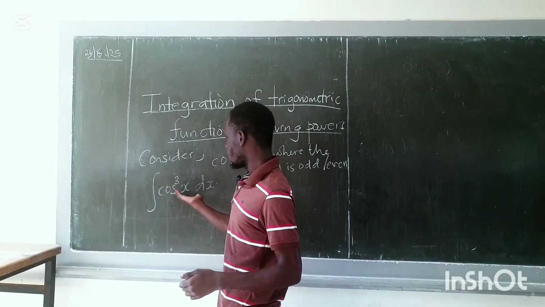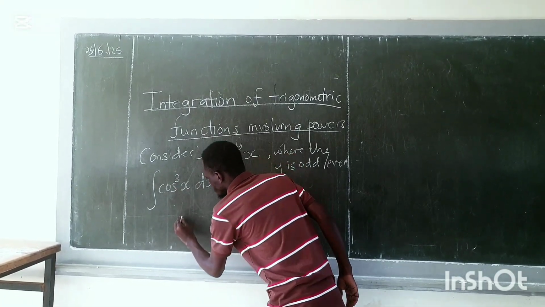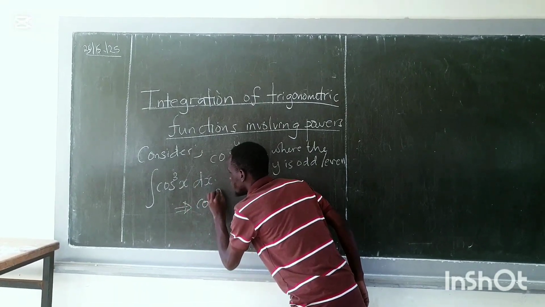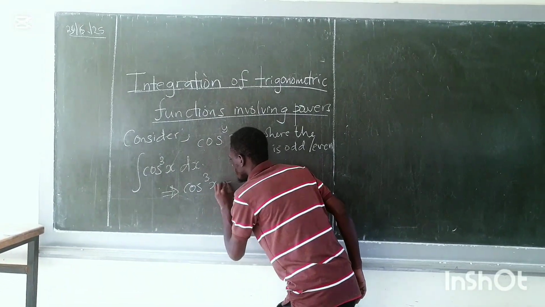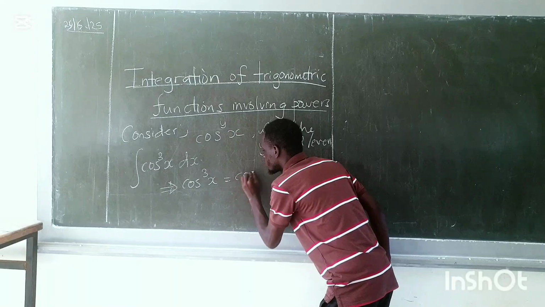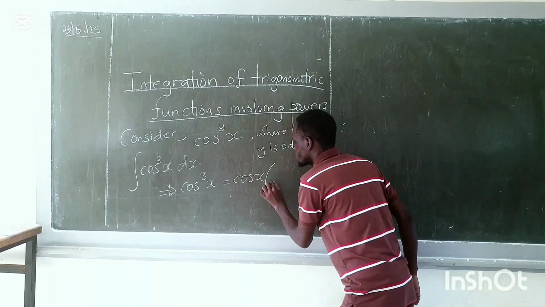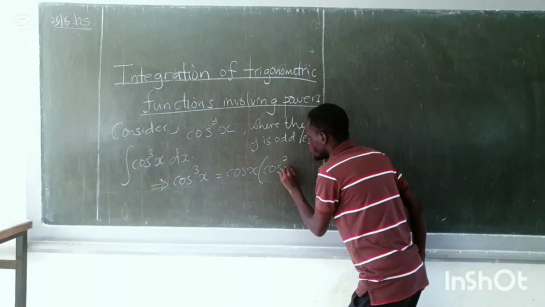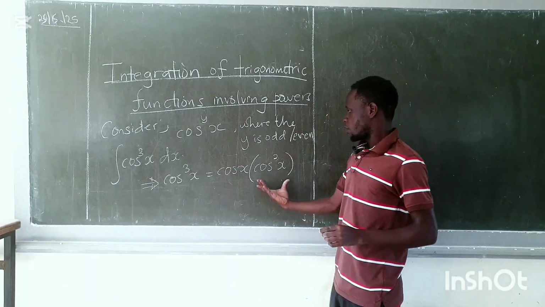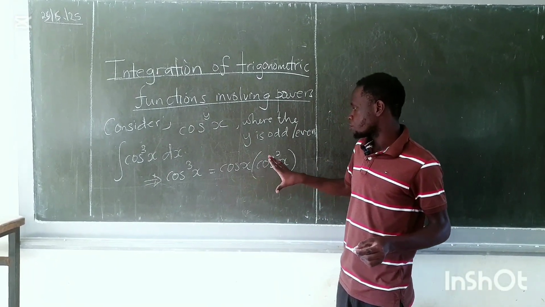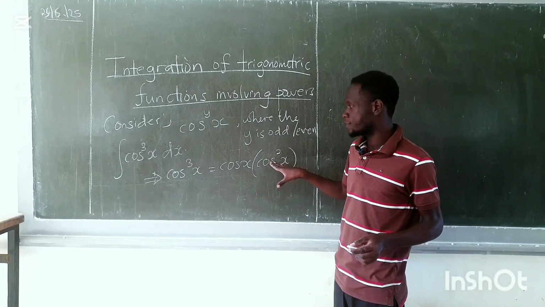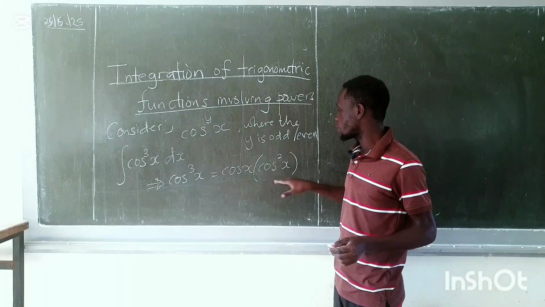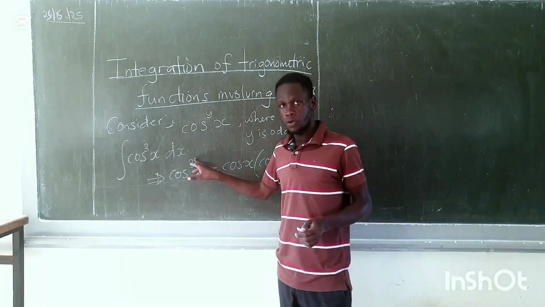So if I have this, we know that cos^3 x can also be the same as cos x in two brackets, cos^2 x. Here I'm using a knowledge of indices that if I add the powers on the first cos and the second cos, it takes me back to this.